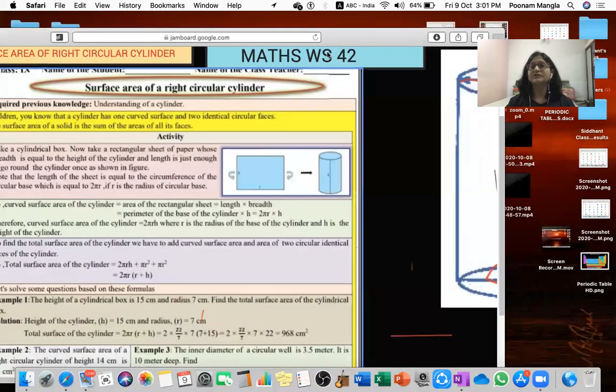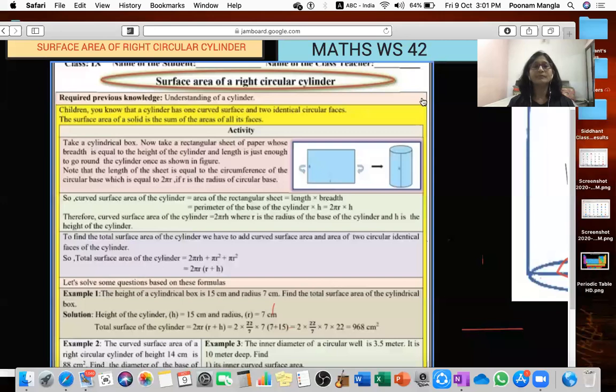In this figure, here you can see better that in this cylindrical object the height of the cylindrical object is h centimeter, and the radius of the circle formed at the top and the bottom of the cylinder is r centimeter. Then what will be the curved surface area of the cylinder?